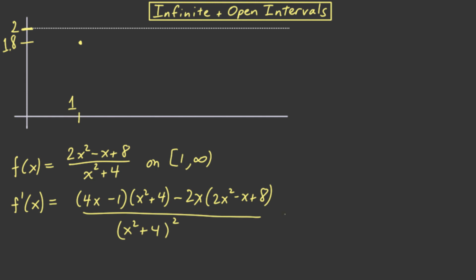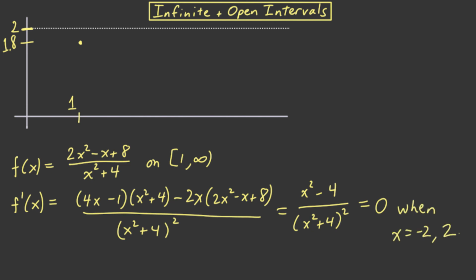I'm going to skip the algebra, but this turns out to be (x² − 4) over the same denominator, which is (x² + 4)². And this always exists, and it equals 0 when x equals minus 2 or plus 2. Minus 2 is not in our interval, so plus 2 is the only critical point that we care about.